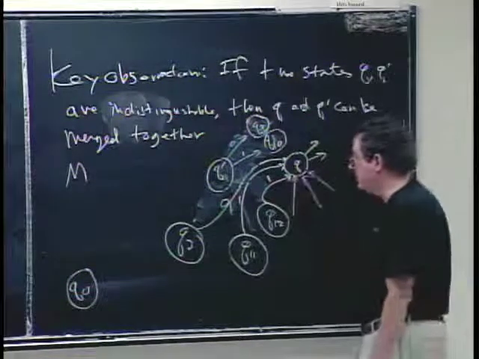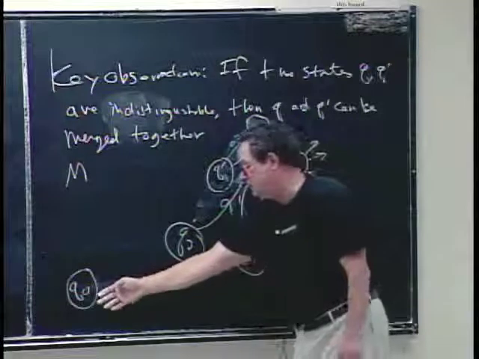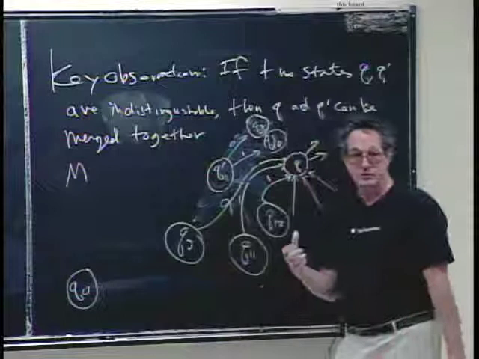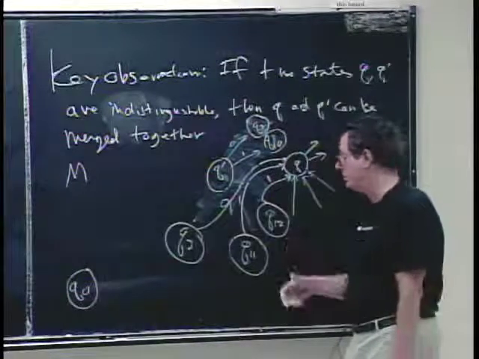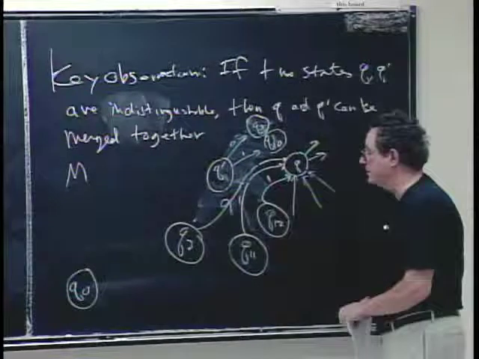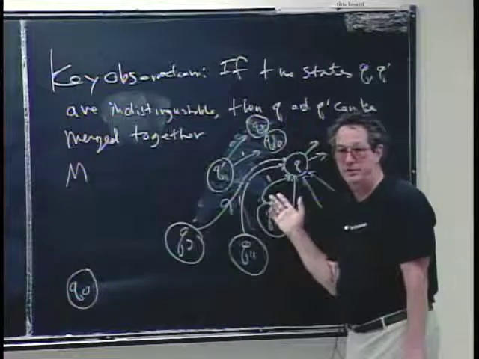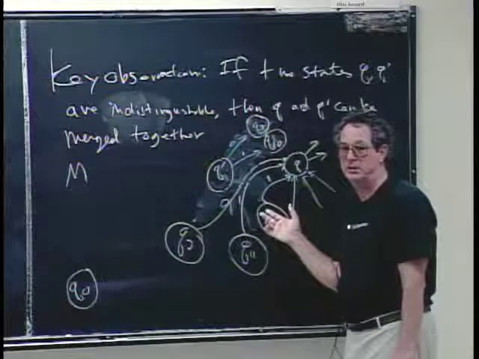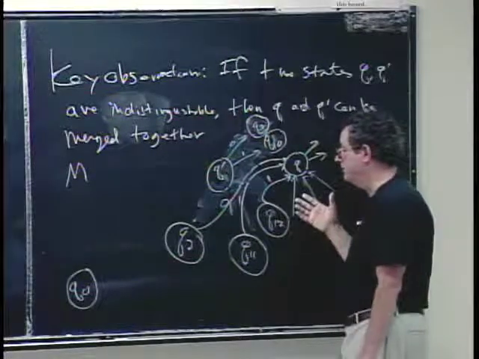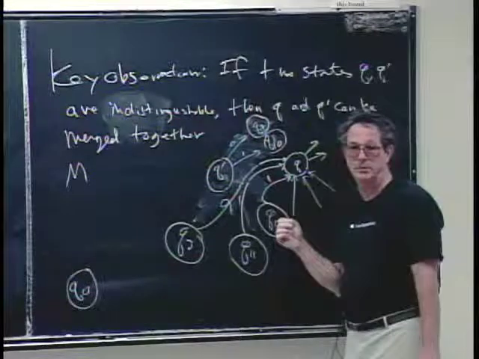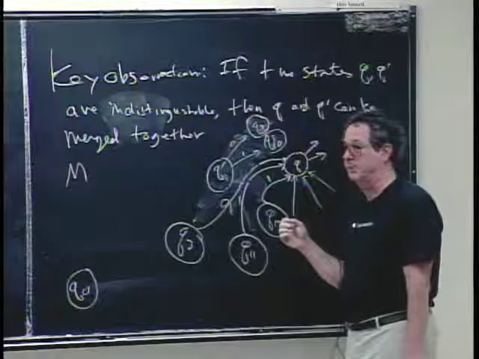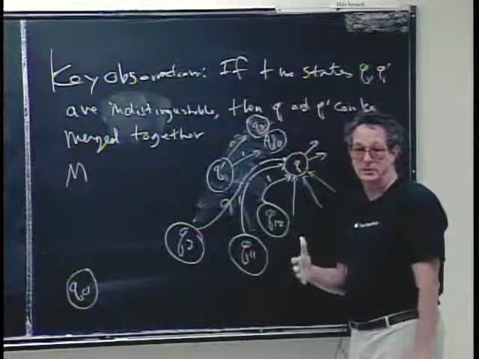What this means is that for every string W that you process in the merged DFA M1, that string will end up in a final state in M1 if and only if it ended up in a final state in M. And this means that the language recognized by M and the language recognized by M1 are exactly the same.